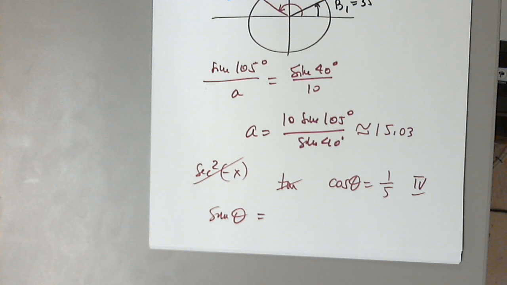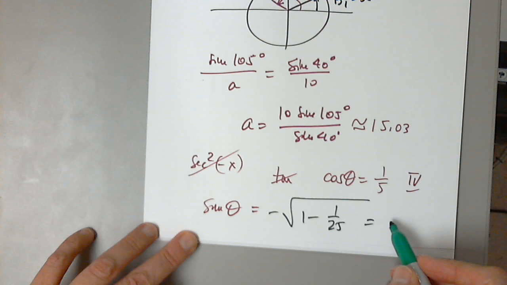You can use the triangle, I'm fine with that. I think it's a perfect method, but for me it's a waste of time. So sine is negative the square root of 1 minus this squared. It's negative the square root of 24 over 25, and I take the square root and I'm done. It's 4 times 6, so this is negative 2 the square root of 6 over 5.